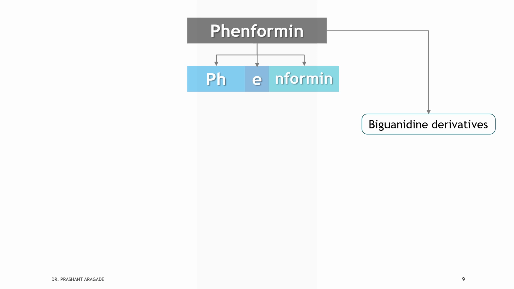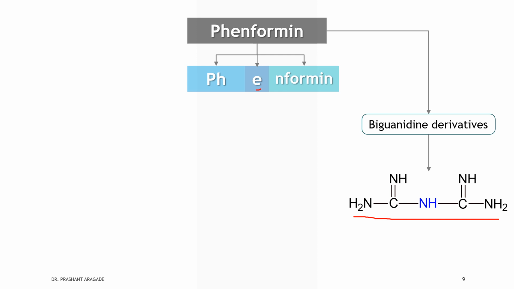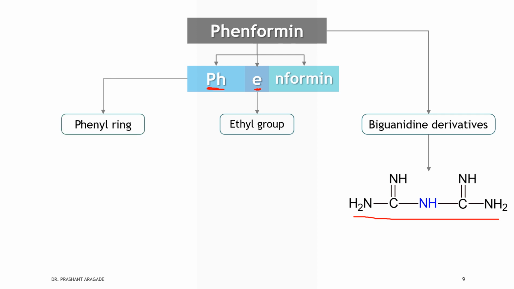This word fenformin itself gives three different parts, that is Ph followed by E followed by formin. Already you know that fenformin is an example of a biguanide derivative. So first you have to draw the structure of the biguanide derivative like this. Now E stands for ethyl group and Ph stands for phenyl ring.